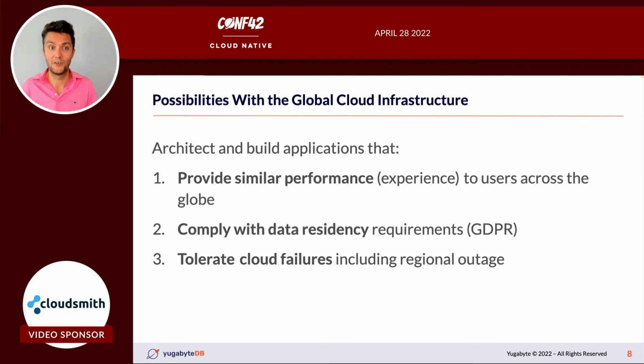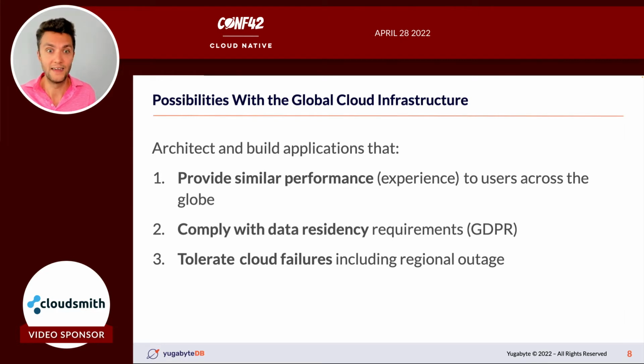Anyway, as you see, the global cloud infrastructure is really broad. And with that infrastructure, we as architects can design and build applications that have several characteristics. First, your global or geo-distributed applications can provide similar performance and experience to your end users regardless of the user's whereabouts.